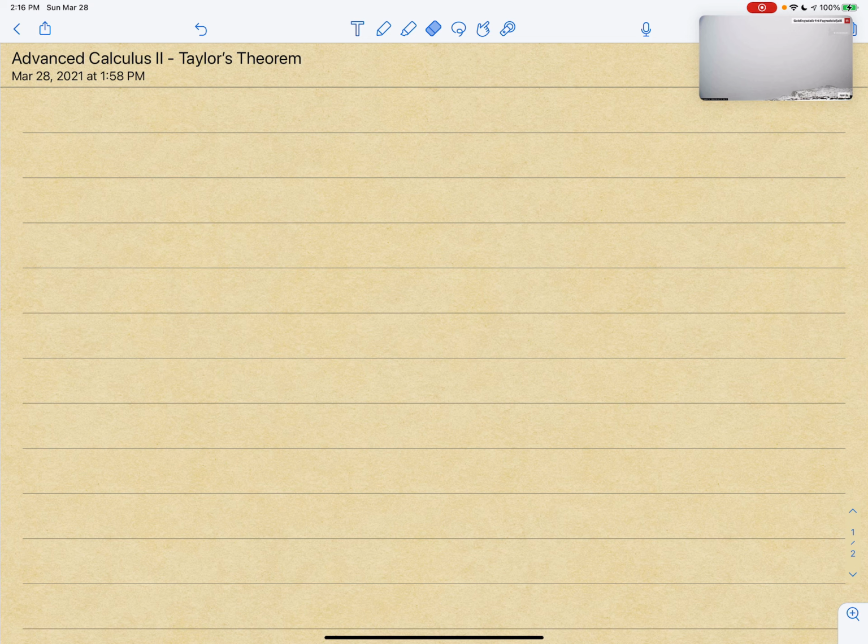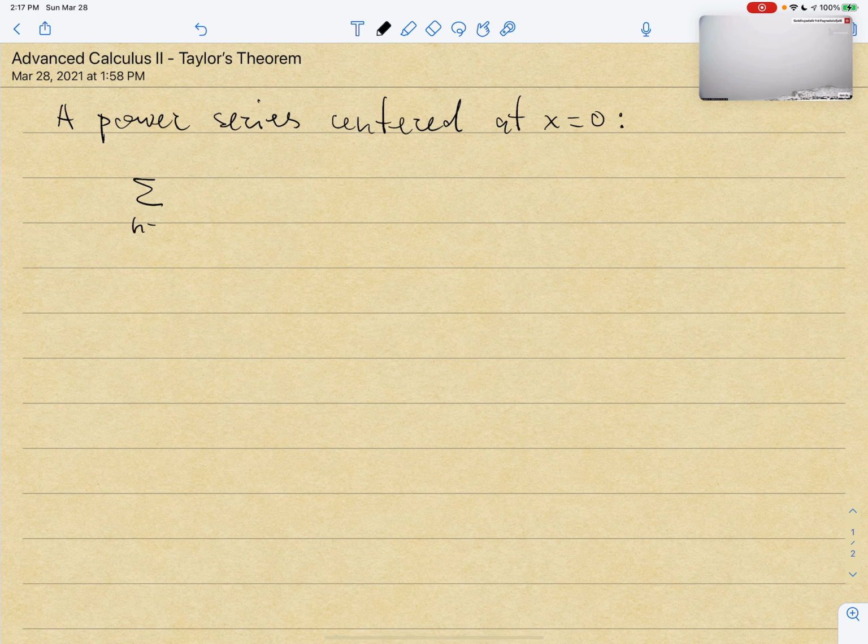And to remind you, a power series, without loss of generality in this section, I'm going to talk about power series centered at zero, but what I'm going to say can be easily shown for series that are centered at a generic point A. So a power series centered at x equal to 0 is anything that looks like a sum, say n from 0 to infinity, a_n times x to the power n.